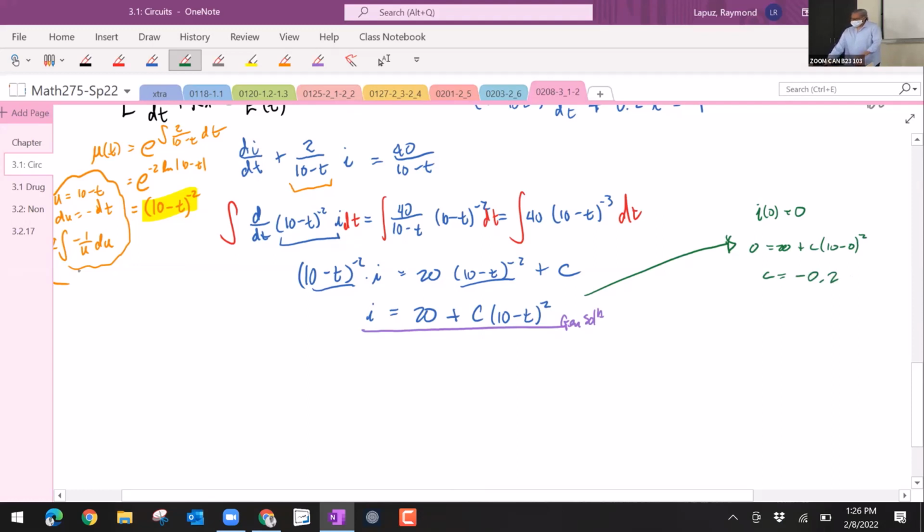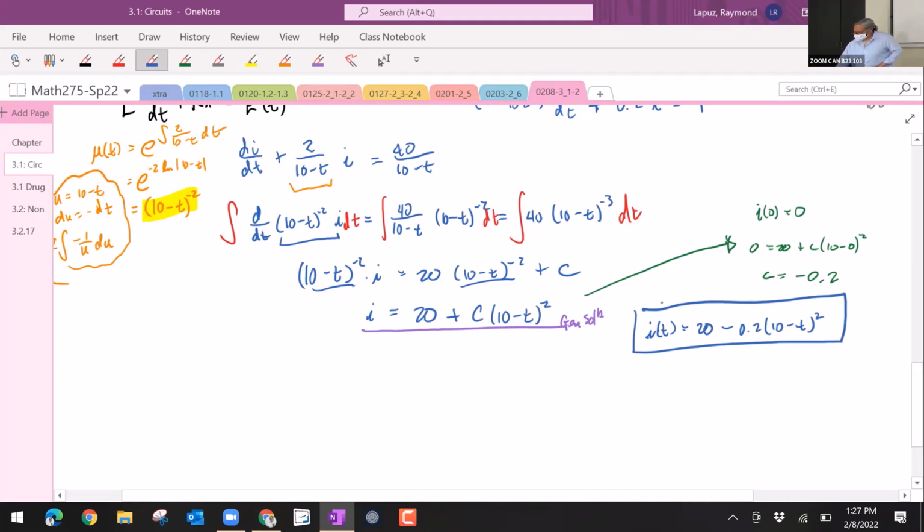Negative. Okay. So that's your c, and now you have your particular solution. I of t is going to be 20 minus 0.2 times 10 minus t squared. All right. We'll box this. This is your particular solution.